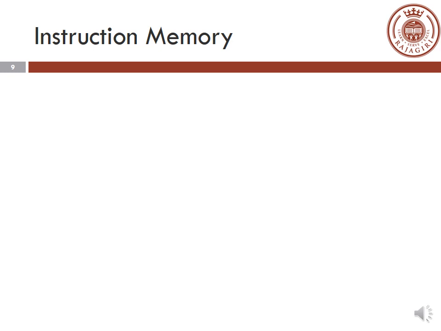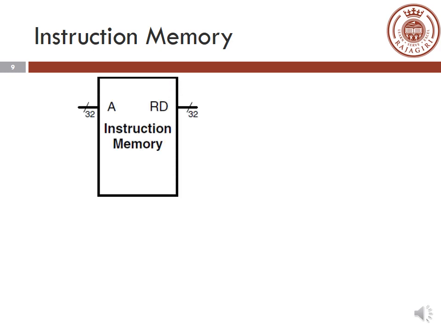Okay, so the next state element to be considered is a memory element, and it's called instruction memory. Instruction memory is basically a memory which holds the instructions or the programs and has a 32-bit address input and a 32-bit data output. The data output is associated with your RD port.